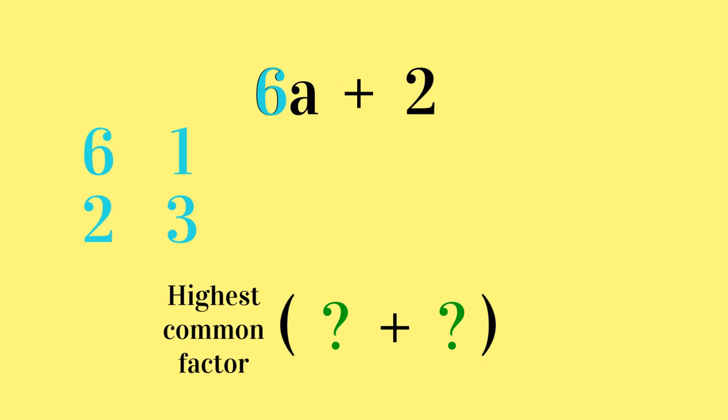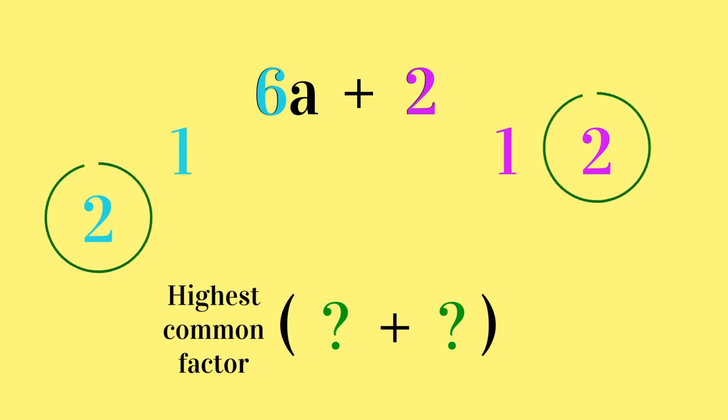Then we look at the other term in the expression, 2. 2 only has 2 factors, 1 and 2. So the common factors between 6a and 2 are 1 and 2, and the highest of these common factors is 2. This means 2 goes on the outside of the brackets.